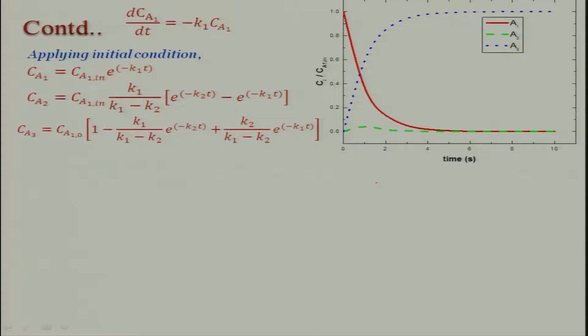Now, this is the analytical form you are getting. If I plot it with respect to time, you will see A1 is decreasing and A3 is increasing, that is the obvious thing, and A2 has a little peak and after that remains the same. These are analytical tools.